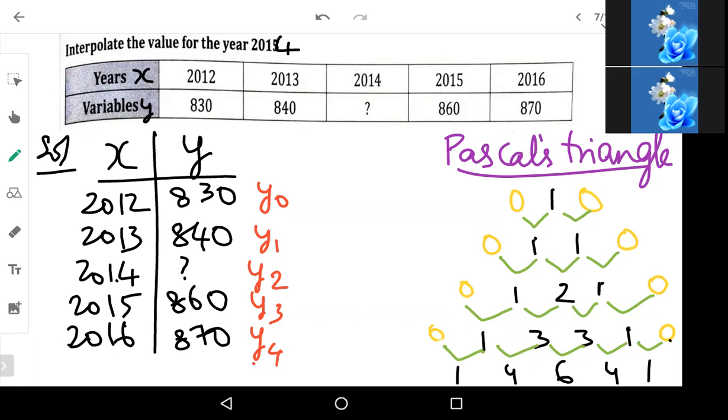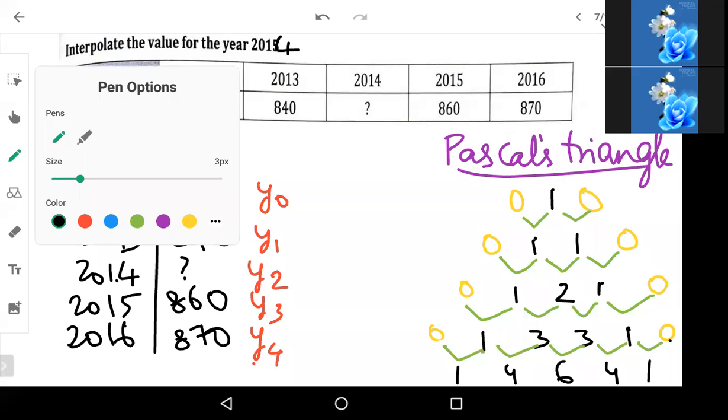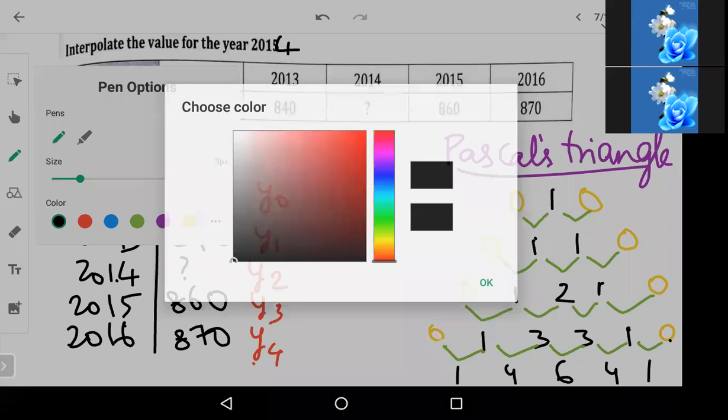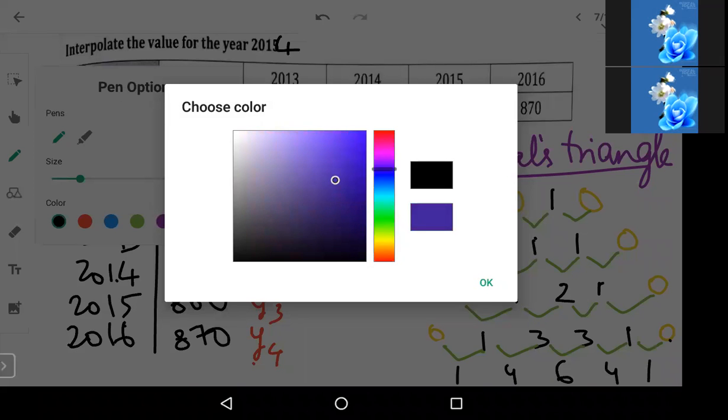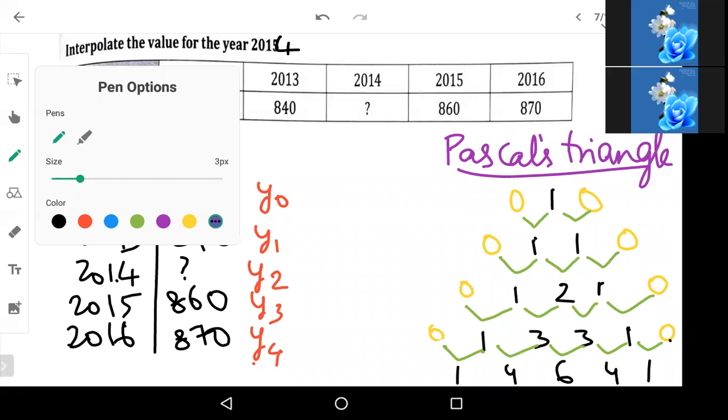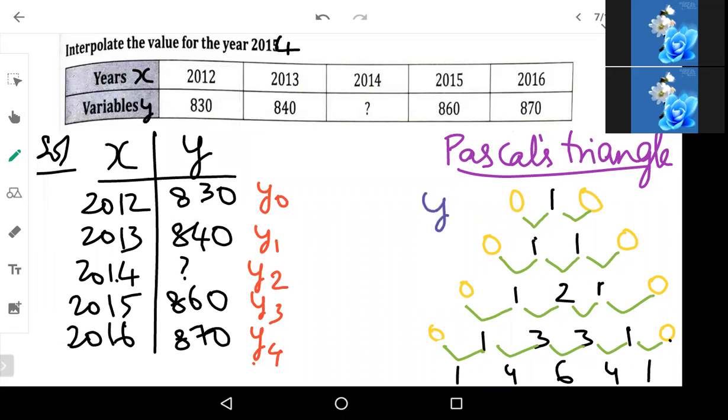Now if you see these numbers, it starts from y0. This first one is y0, y1, y2, y3, y4.